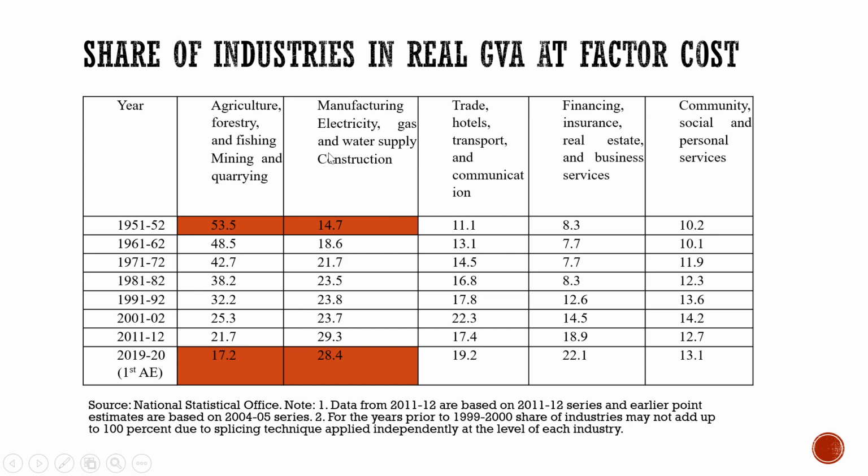Now, the share of industries in real GVA at factor cost. As we can see, the primary and secondary sectors in 1951 constitute 53.5% and 14.7% share of real GVA.